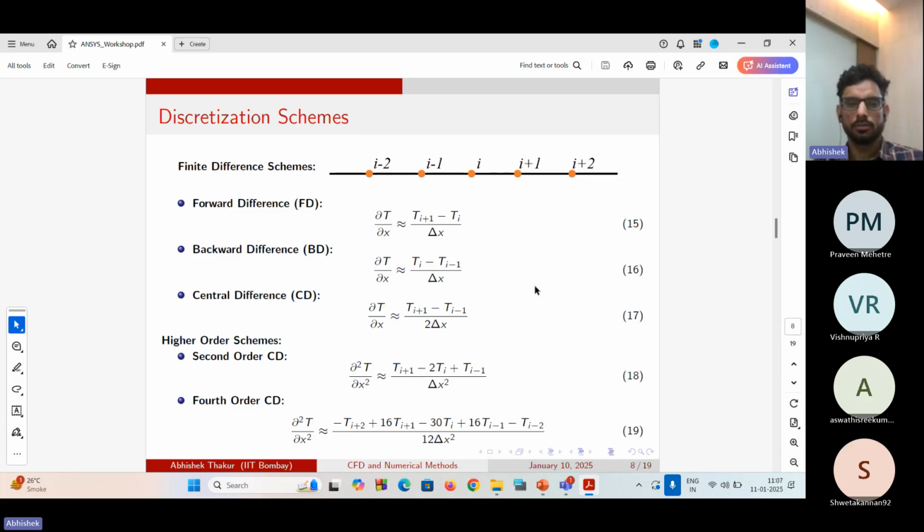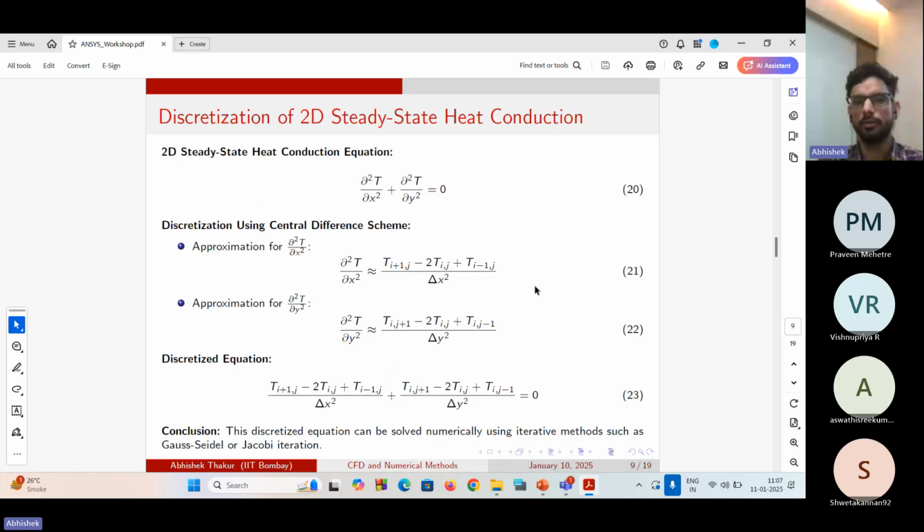Okay. So this is what we are doing in the second order, in del square T over del X square, that is a second order derivative. We are doing the same thing. So basically we are approximating the derivatives. Then, for example, this is the 2D steady state heat conduction equation, in two directions, X and Y. We have two derivatives here, and we approximate these derivatives using the discrete points.